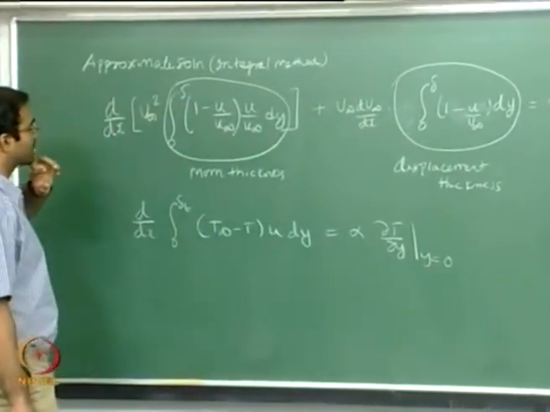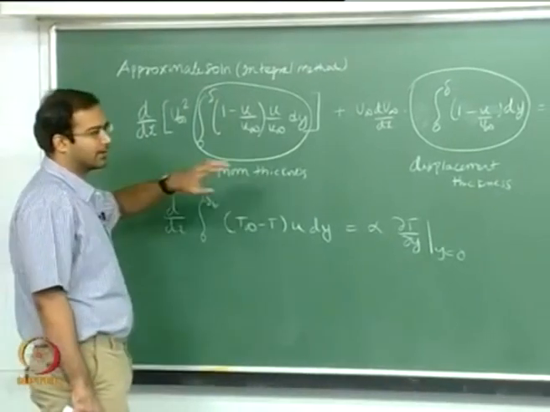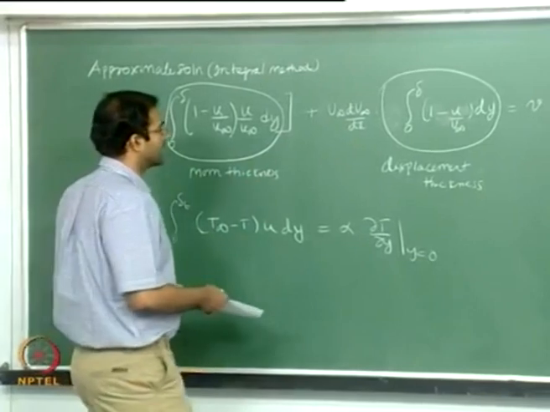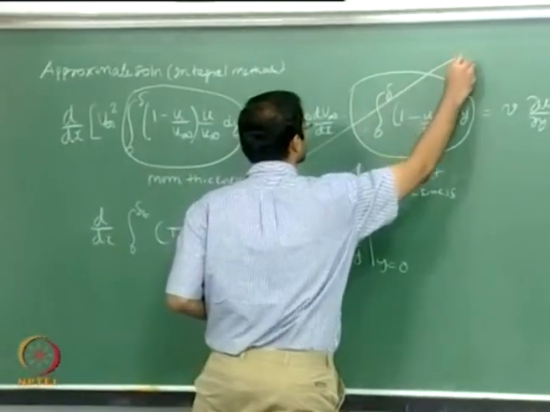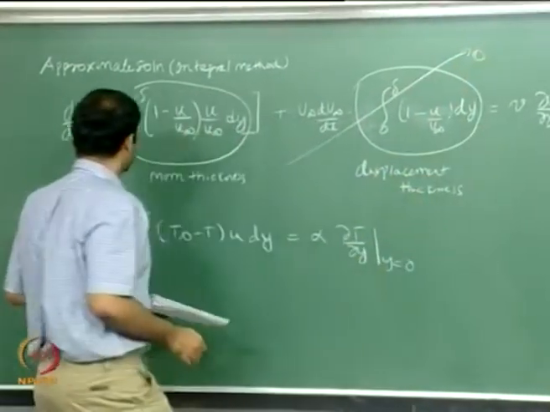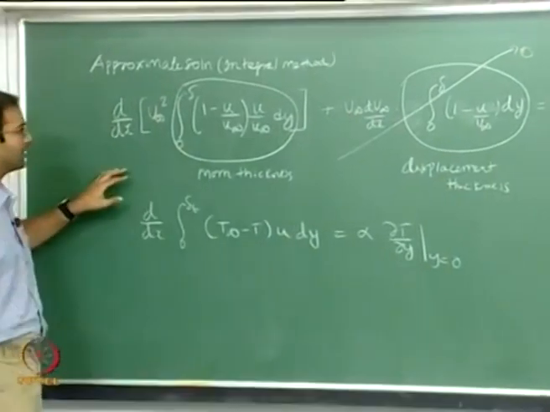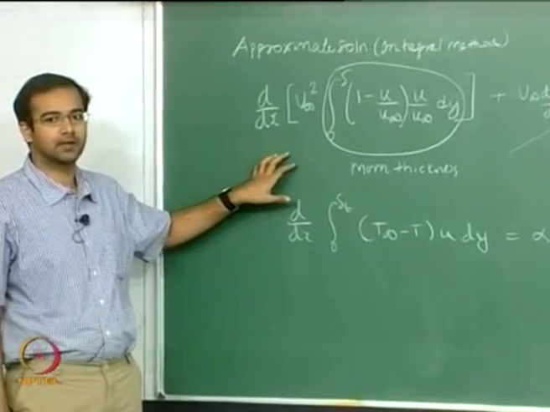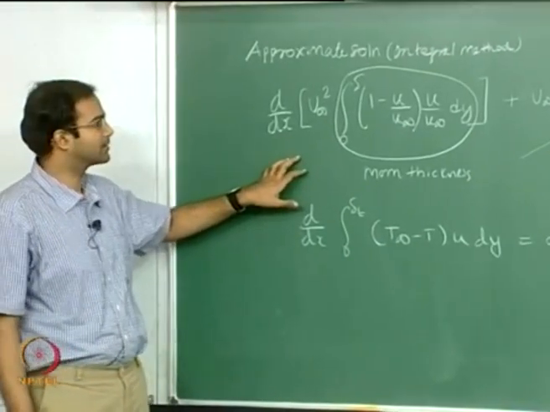If you consider the flat plate case where your free stream velocity doesn't change with position, you can neglect this complete term right here, and therefore this is a more familiar form which you have been using in your earlier heat transfer class to solve with approximate methods.